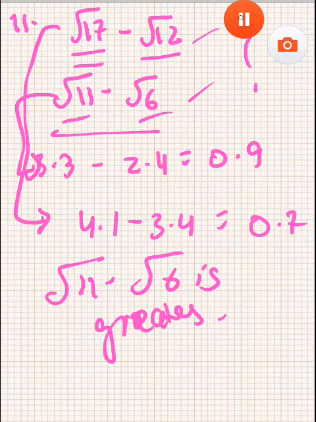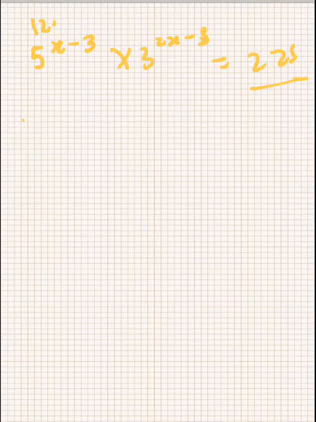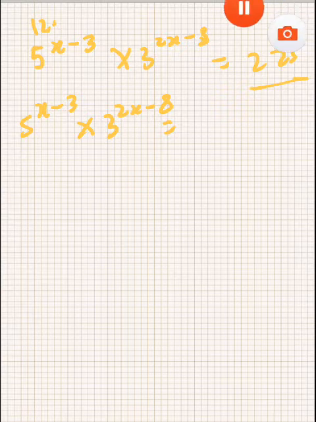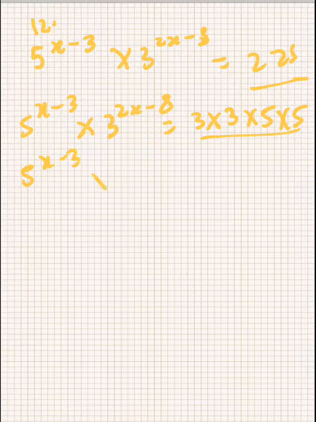So question 12 is, we have to find the value of x here. It's similar to question number 1. (5x minus 3) into (3 to the power 2 minus 8) will be equal to 225. Now we'll first form the factors for this. So these are the prime factors formed, but we'll now write it in this form: 3 square into 5 square.